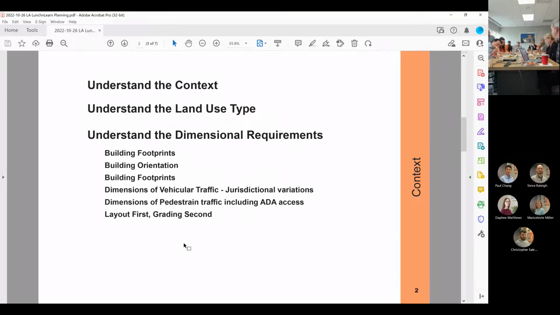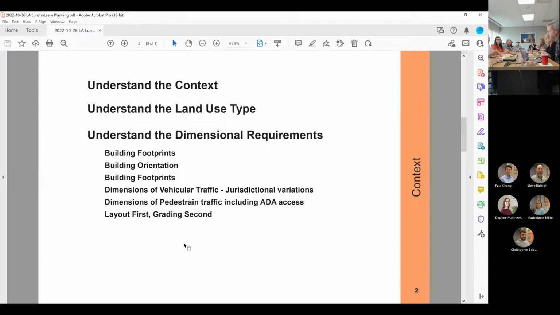For commercial and institutional properties, there are certain dimensions and approaches that we take as opposed to residential properties. Multifamily and single family are the other categories. So we're going to talk about how to lay out multifamily properties, or how we have in the past, single family properties, and commercial and institutional properties.